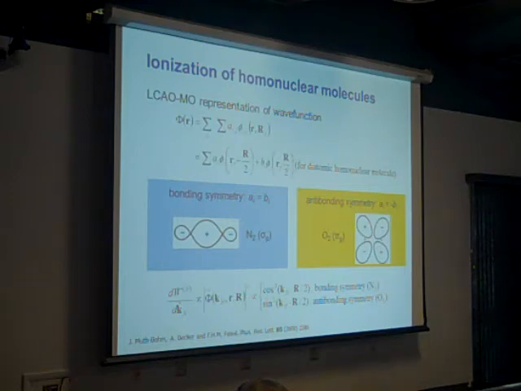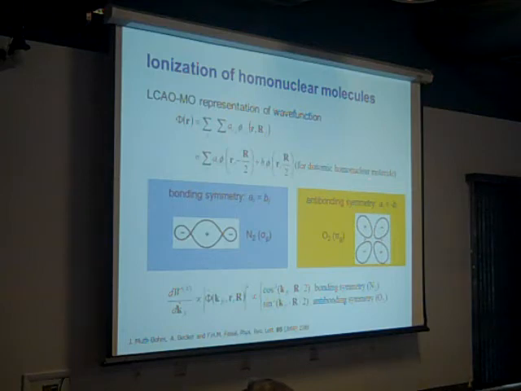Then I can do the so-called linear combination of atomic orbitals, molecular orbital representation, where I represent my molecular orbital, or my molecular state, as a superposition of atomic states, which are centered at one nucleus or at the other nucleus. And maybe I have not only one atomic state, but more atomic states.